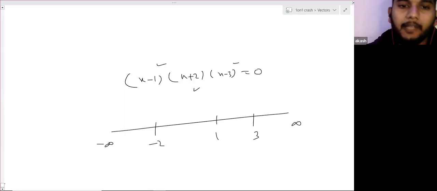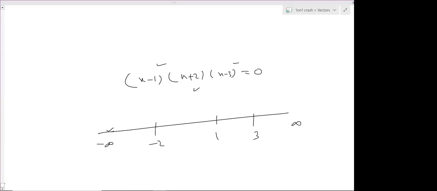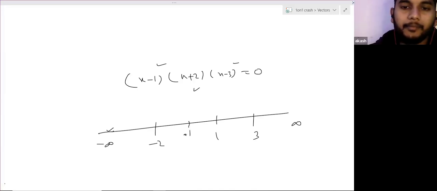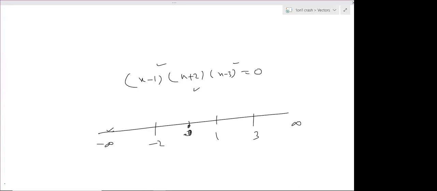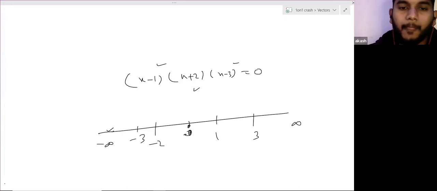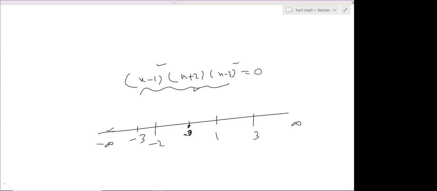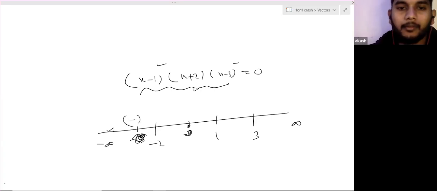Can you tell me any number from minus infinity to -2? -3. So please put -3 into this equation. You get 1 negative, 2 negative, all are negative. So you get negative.